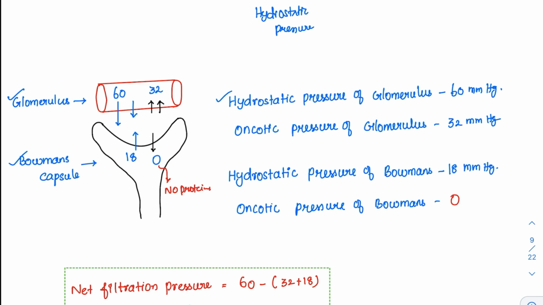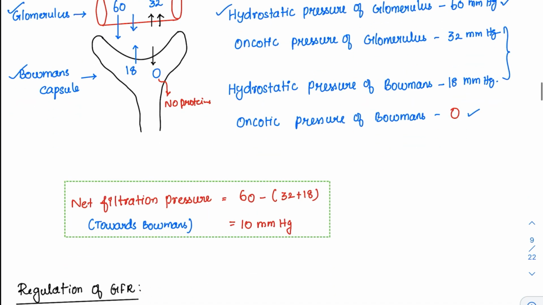So which forces are acting together? Two of these are acting in one direction, pulling the fluid away from the glomerulus, whereas the other two pressures are pulling the fluid away from the Bowman's. So what is the net filtration pressure? We have to use 60 minus 32 plus 18, which is around 10 mm of Hg.